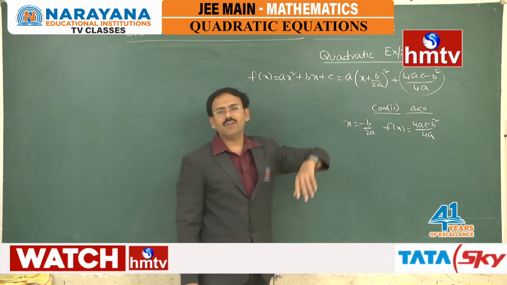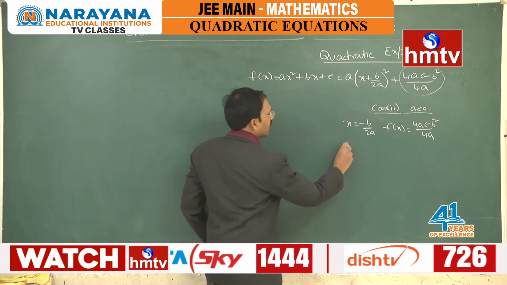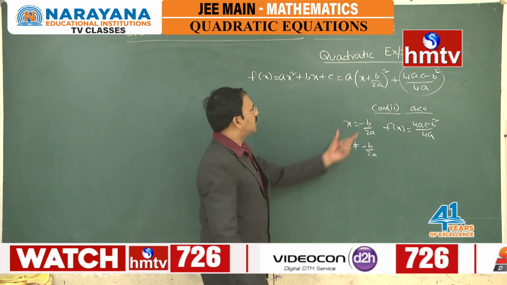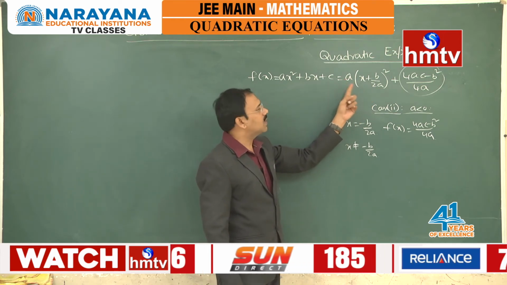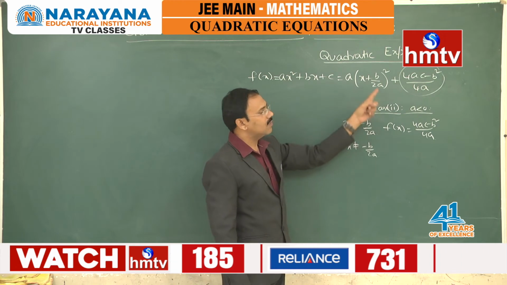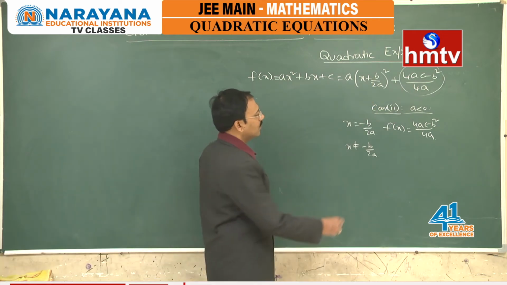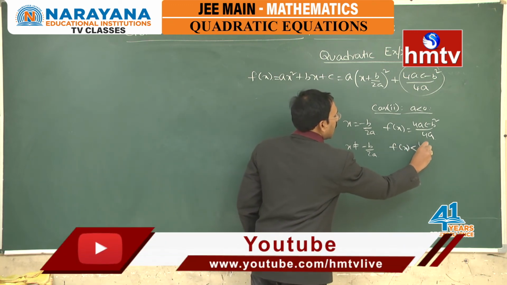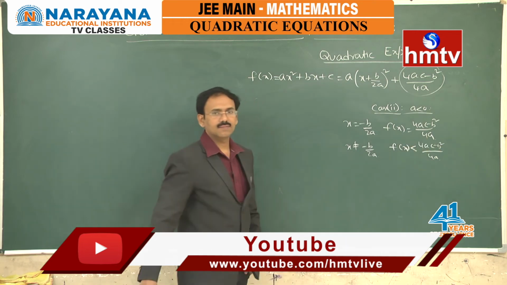You will be left with 4ac minus b square by 4a. And when x is other than minus b by 2a, this expression will always be positive into a negative number, negative, plus 4ac minus b square by 4a. So, in this case f of x will be less than 4ac minus b square by 4a.